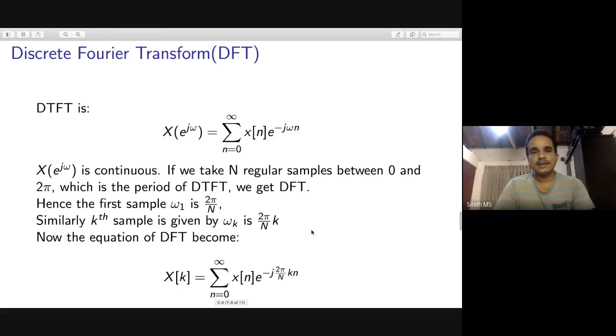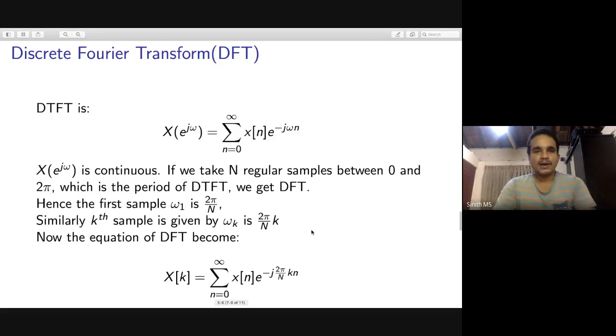In each period, you don't need all the omegas present; you take small samples of frequencies. So if you take n samples of the frequencies, you get the n point DFT.